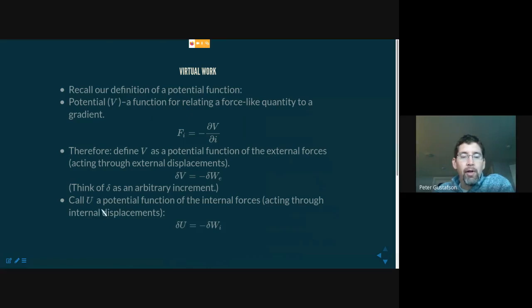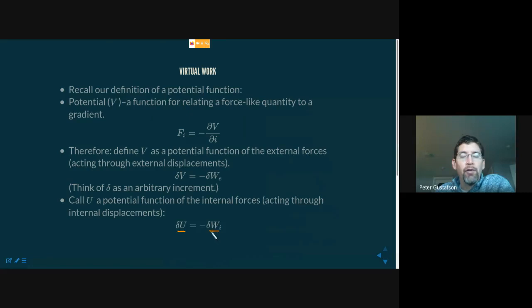Now, similarly, we can say that we know there is a strain energy stored in the system. And if we take that same little increment of displacement at a point, we're going to have a corresponding little increment of strain. And you can in some ways think of that, so we're changing the internal energy. And we know that because internal energy is dependent on work, we're going to now start to call this an internal work.